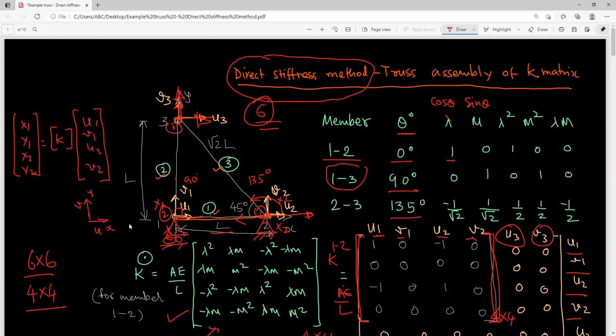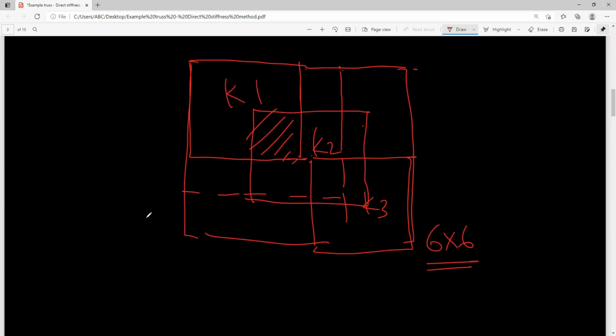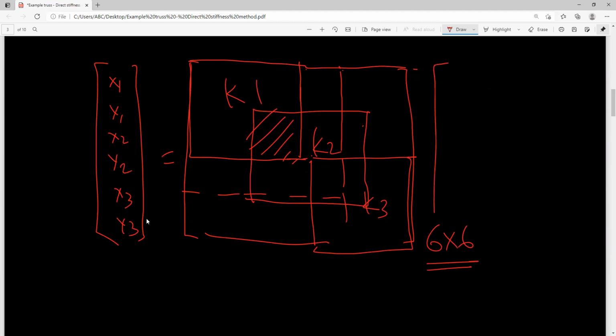Based on your boundary conditions, you may introduce them on the left hand side. You will have x1, y1, x2, y2, x3, y3, and on the right hand side you have the displacement components U1, V1, U2, V2, U3, V3.